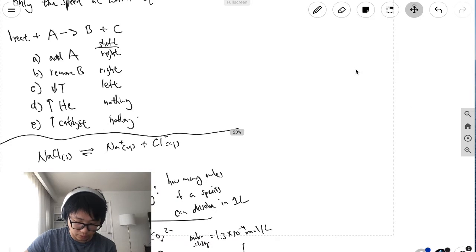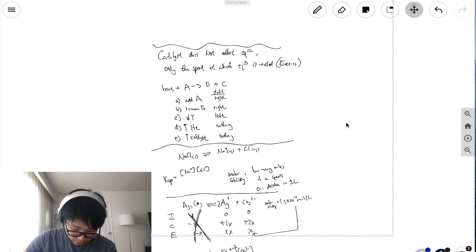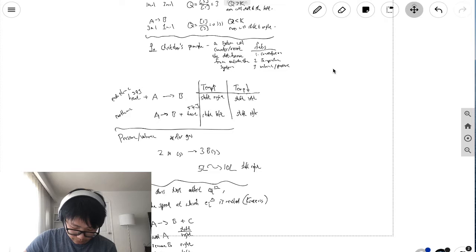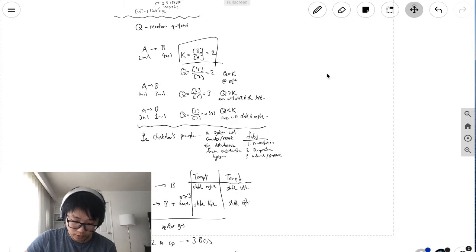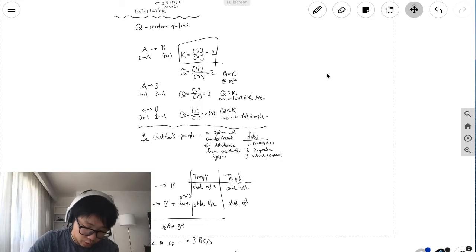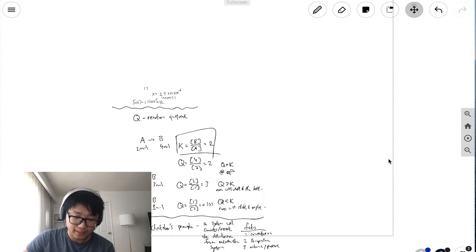I'm just going to scroll up right now to see, because we definitely wrote that somewhere. Shift to the side with more gases when you lower pressure or increase volume. When you increase pressure and lower volume, it has the opposite effect. Then you want to shift to the side with less gas.